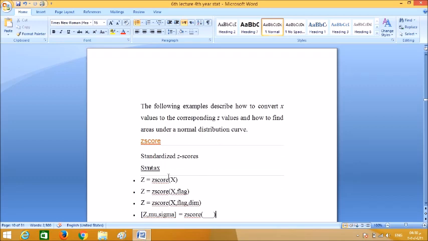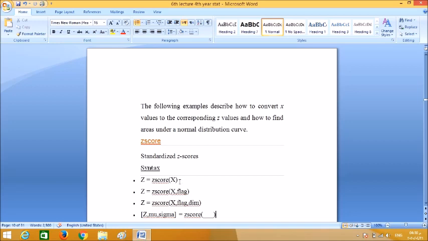This works for any data, whether x is a vector or a matrix. It computes the z score for a sample or for a population. For a sample, put flag equal to 0 or omit flag. For a population, put flag equal to 1. Why? Because the standard deviation for a population is different from the standard deviation of a sample.